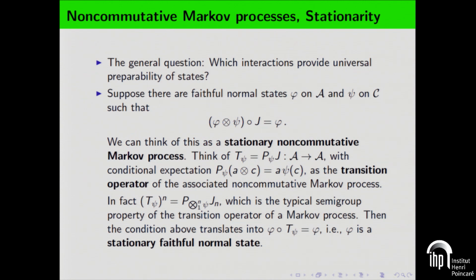So that's my explanation why you should think of this as a Markov process. And the condition we have translates into the fact that this phi is invariant for T psi. So we have a stationary faithful normal state. That's our assumption for the transition operator.